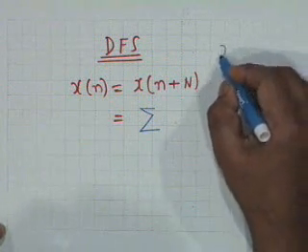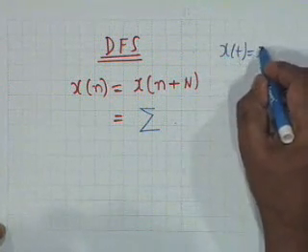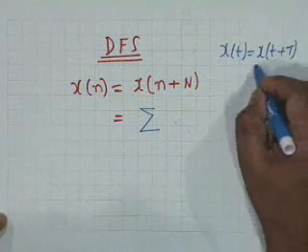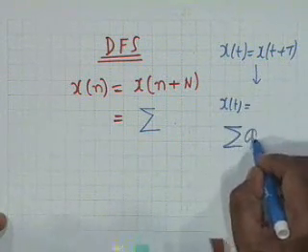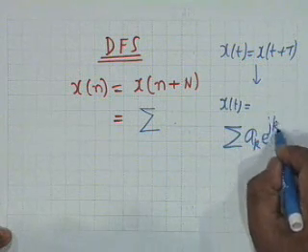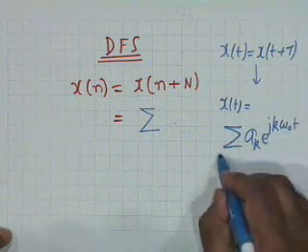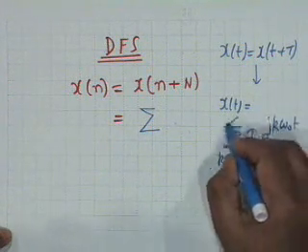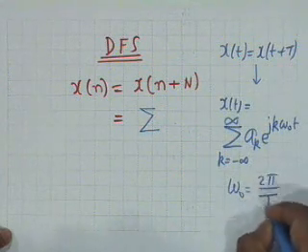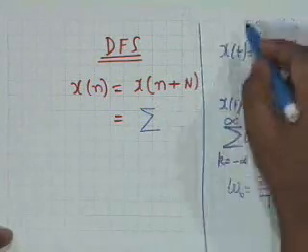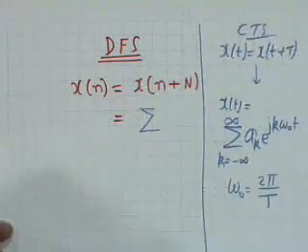In continuous time, if x of t is equal to x of t plus capital T, then x of t can be written as summation a k e to the j k omega 0 t, k going from minus infinity to plus infinity, where omega 0 is equal to 2 pi over capital T. This is the continuous time signal case.